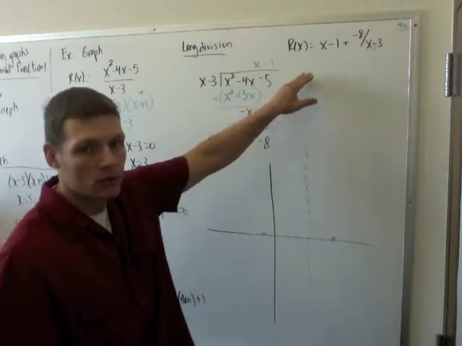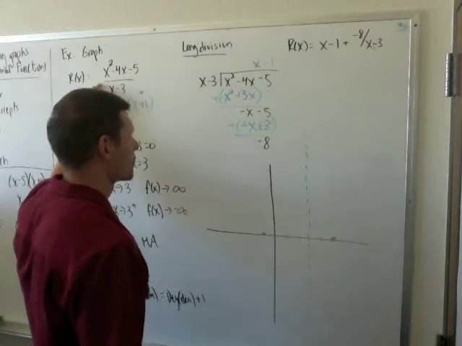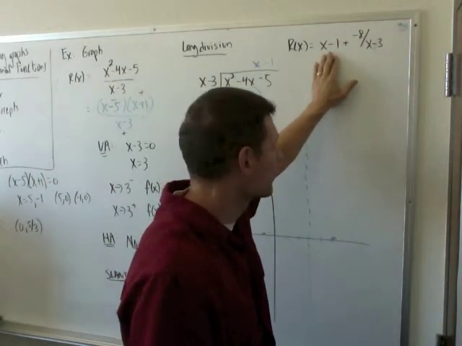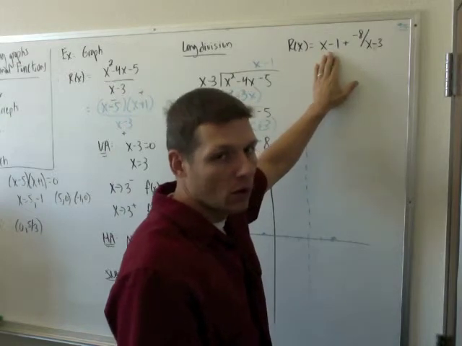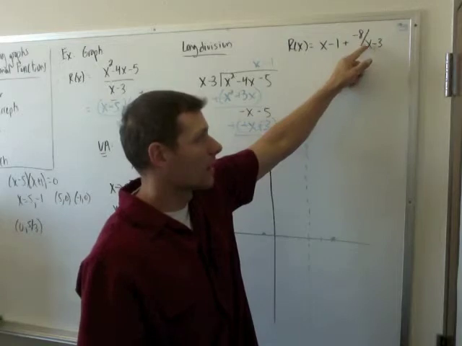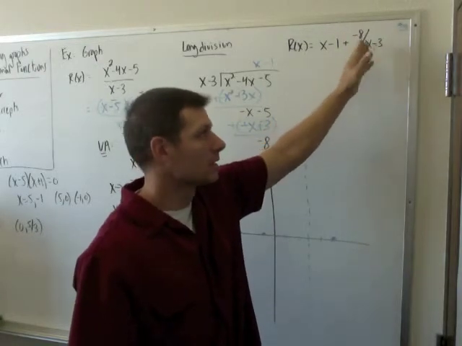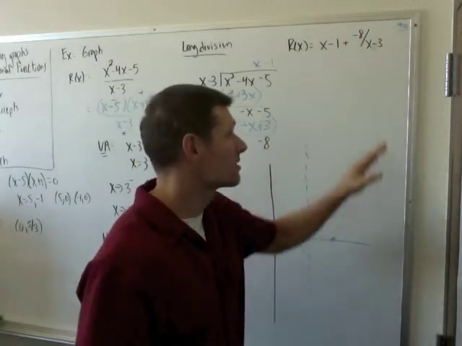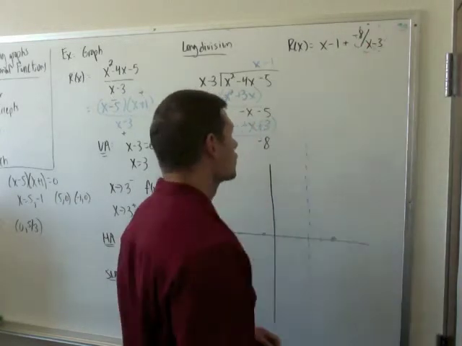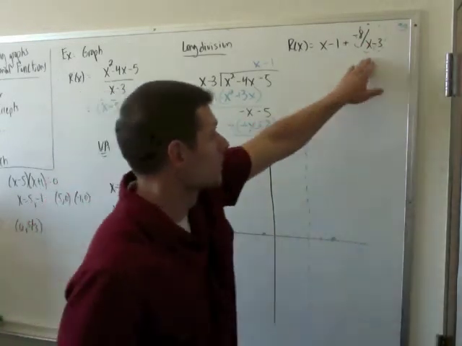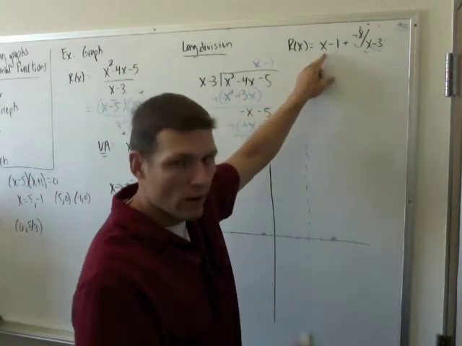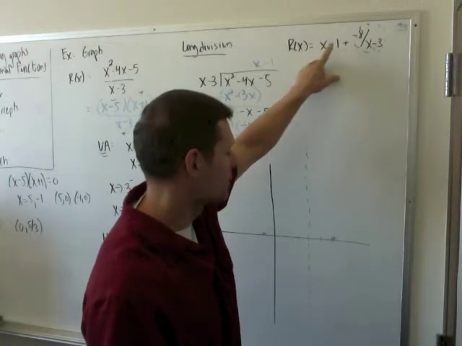I did long division; this function is equal to this function. Now, for large values of x, say a billion, negative 8 divided by a billion minus 3 is basically negative 8 divided by a billion. This is roughly 0 for large values. So if that's 0, this function really looks like, if you squint your eyes, if you zoom way far out, x minus 1.